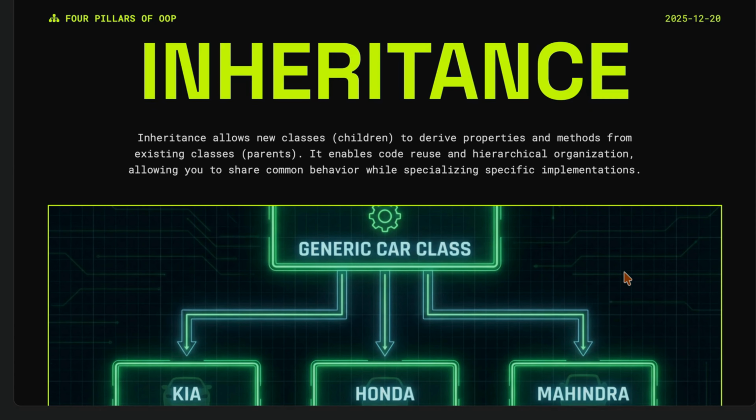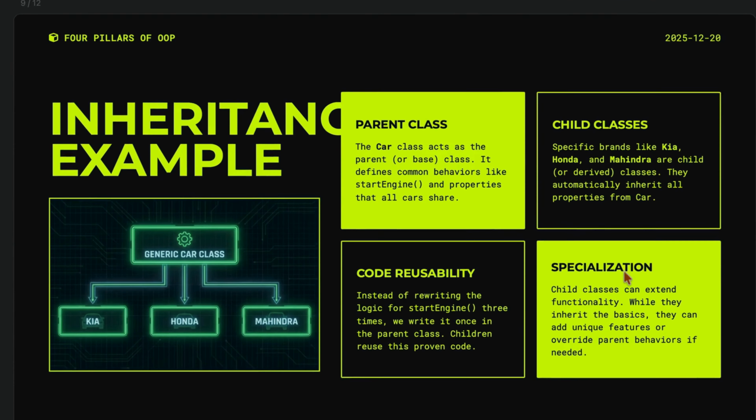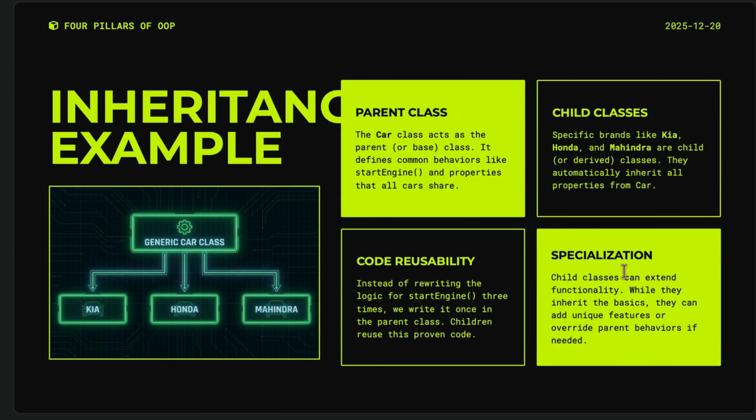Now comes inheritance. So what is inheritance? This is really interesting. You can see we have the animal class and we created this sound method, and we inherited the animal class and are using this method.